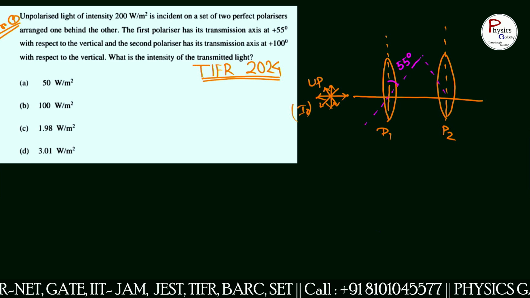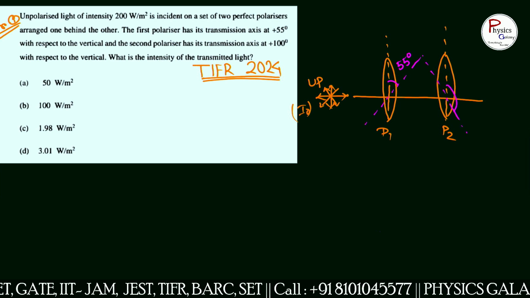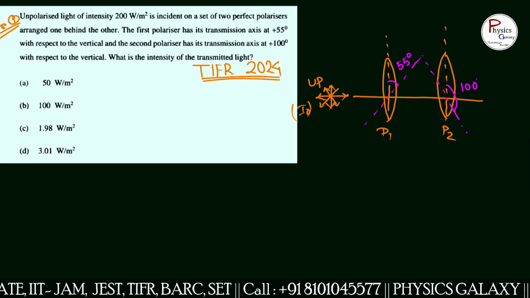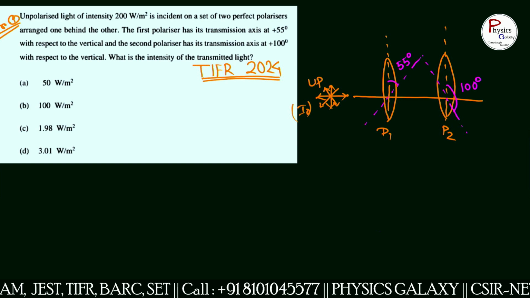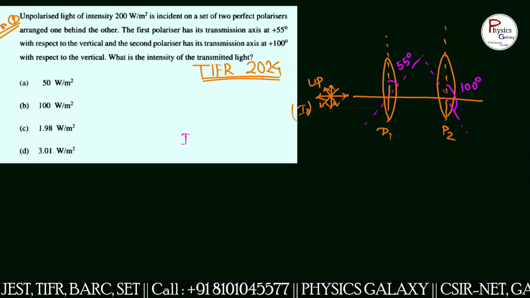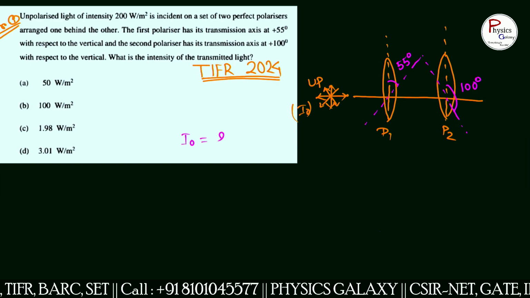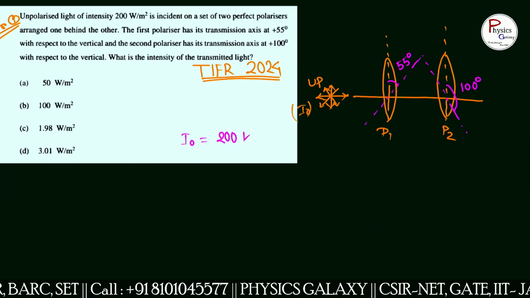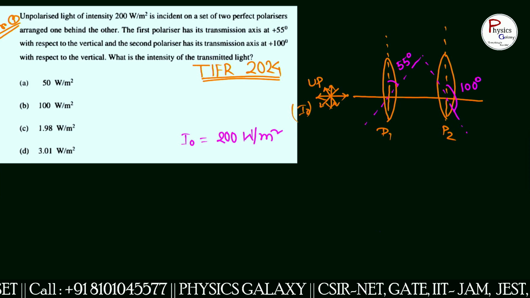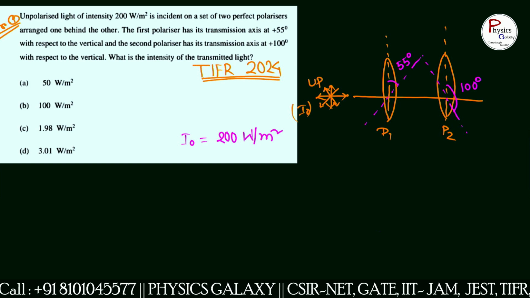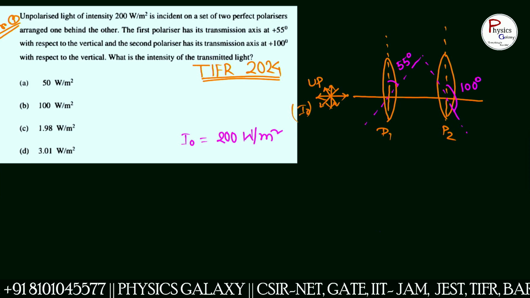So for the second polarizer the angle will be 100 degree. The intensity of the unpolarized light I0 is given as 200 watt per meter square, and we are asked to find the intensity of the transmitted light I.